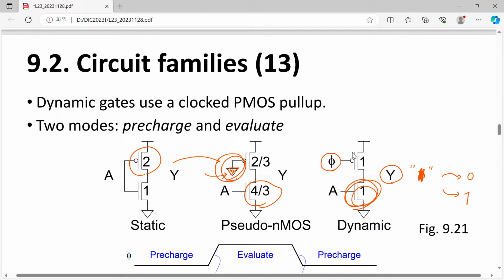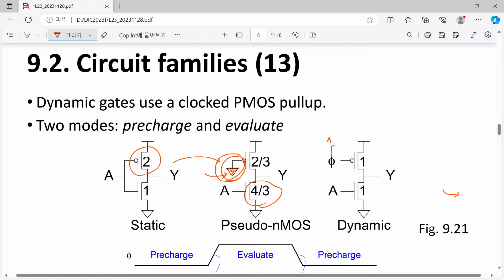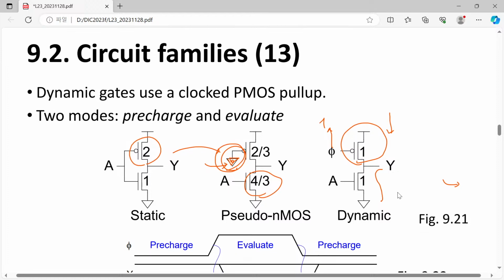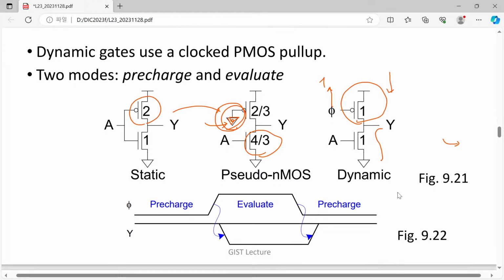Also, since the clock signal becomes 1 for this discharging phase, there is no contribution from our PMOSFET. The PMOSFET never conducts during this discharging phase, or output falling transition. So that is the main idea of our dynamic gate.